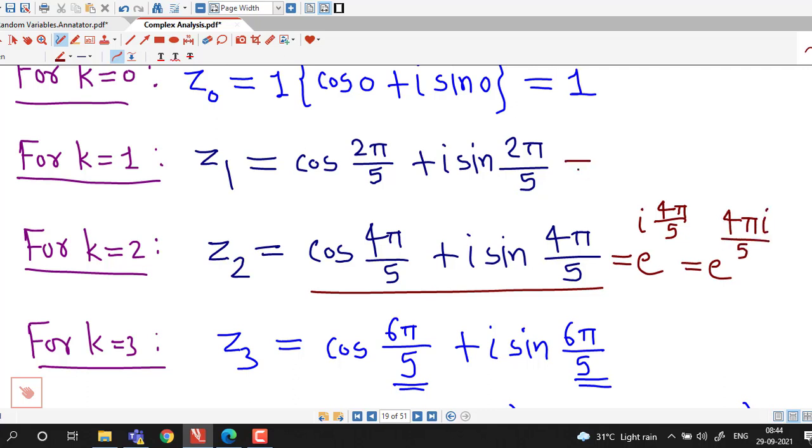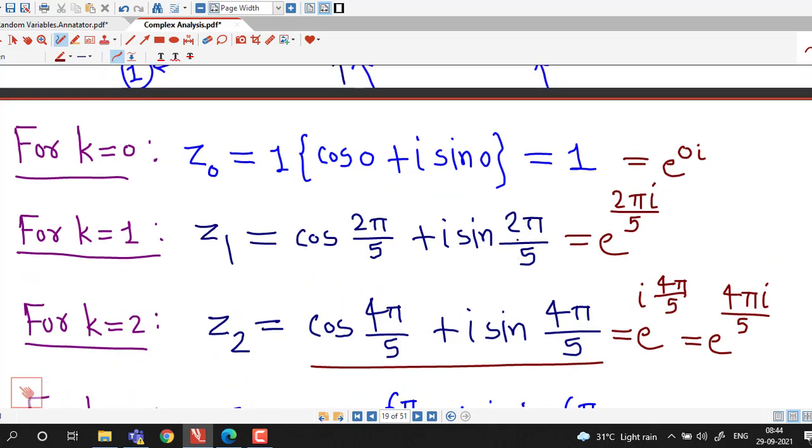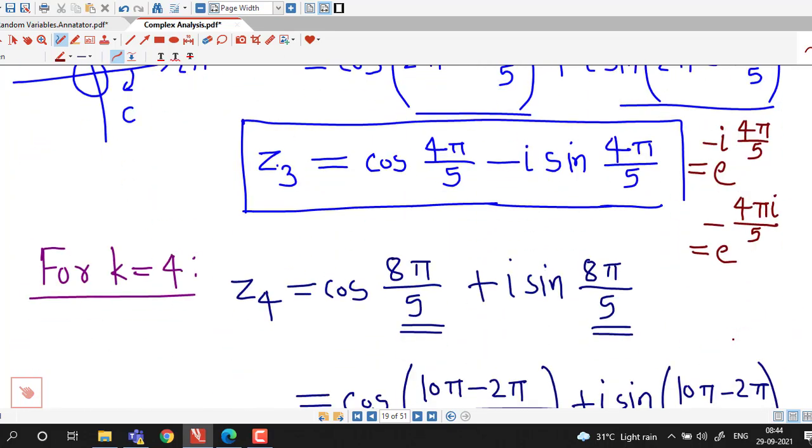Same thing here, the angle is 2 pi by 5, so this we can rewrite as e raised to 2 pi i divided by 5, and this we can rewrite as e raised to 0 i. So some books or some authors are writing these roots in terms of the exponential function also.